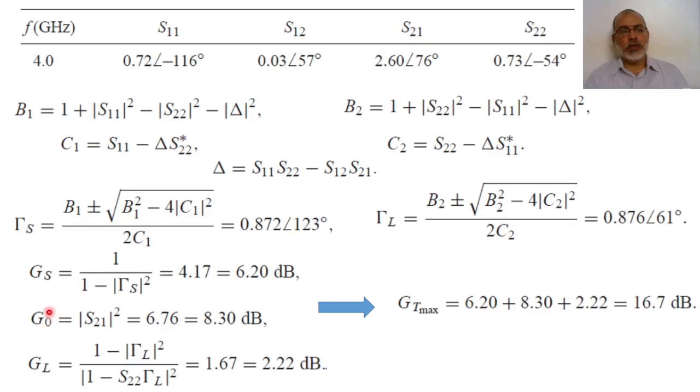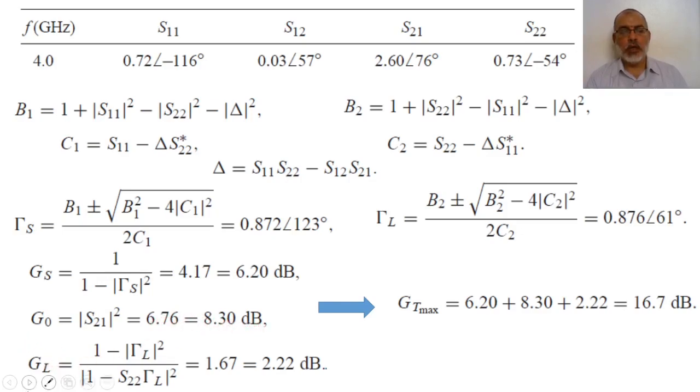The transducer gain of the transistor G0 is |S21| squared. So the magnitude of S21 is 2.6, squared, it is 6.76. 10 log of this value would be 8.3 dB.